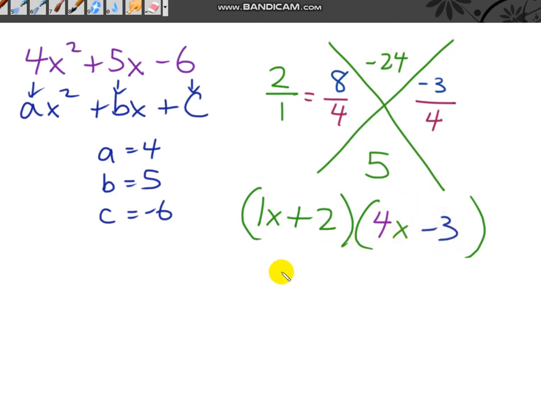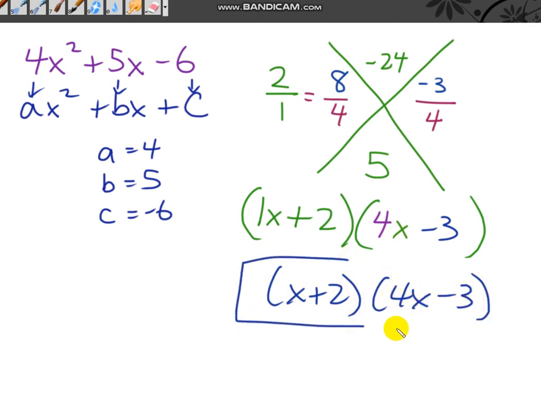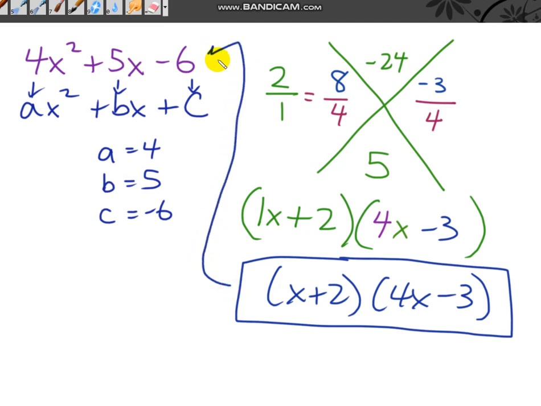So our final result is going to be x plus 2 times 4x minus 3. And again, go ahead and check to see if this expression is the same as that by using FOIL or box.